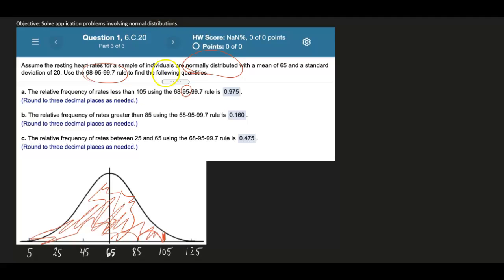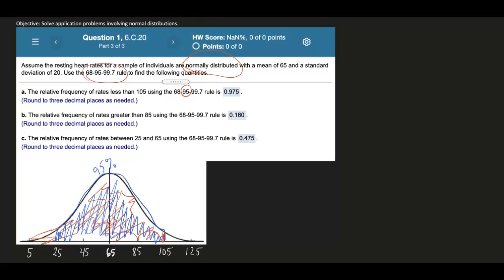I'm going to draw this in a different color. What it gives me is this area, or relative frequency, I should say, under the curve. So just what you see here shaded in blue is the 95%. But there's a little bit more that I need over here on this side.